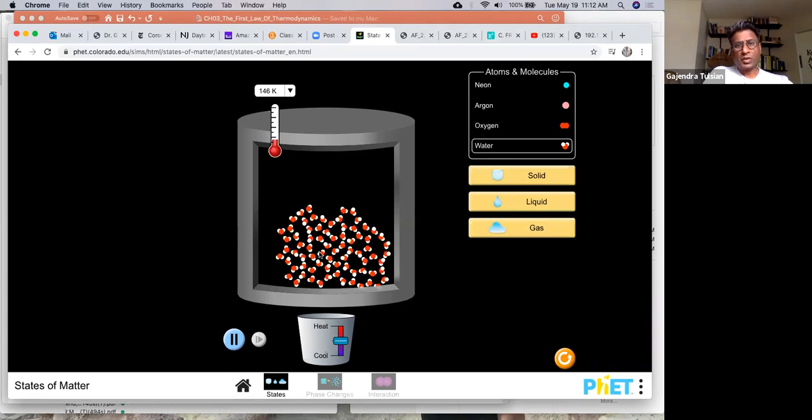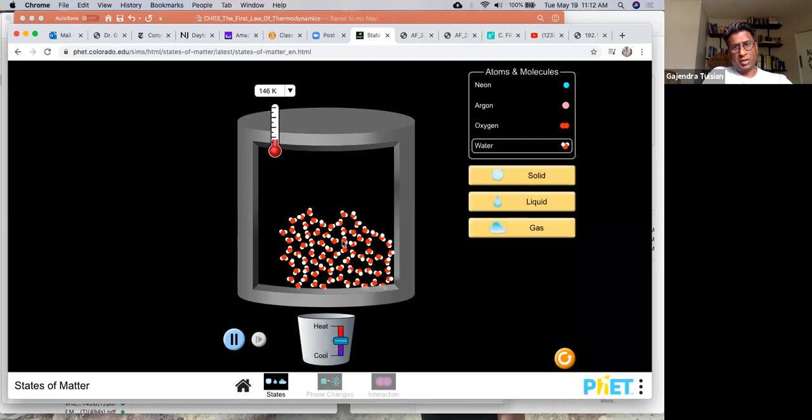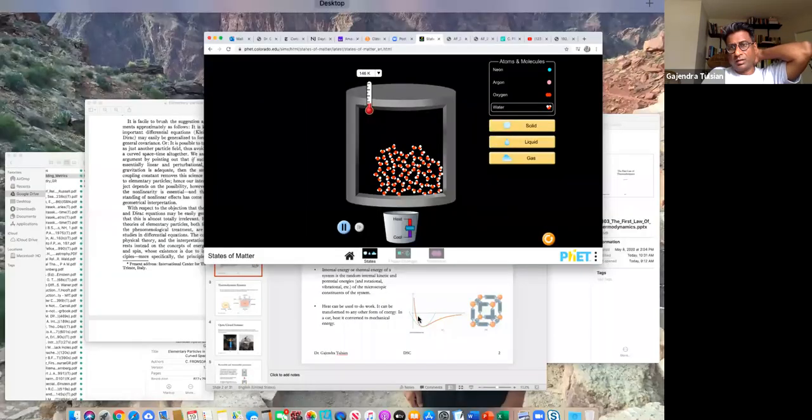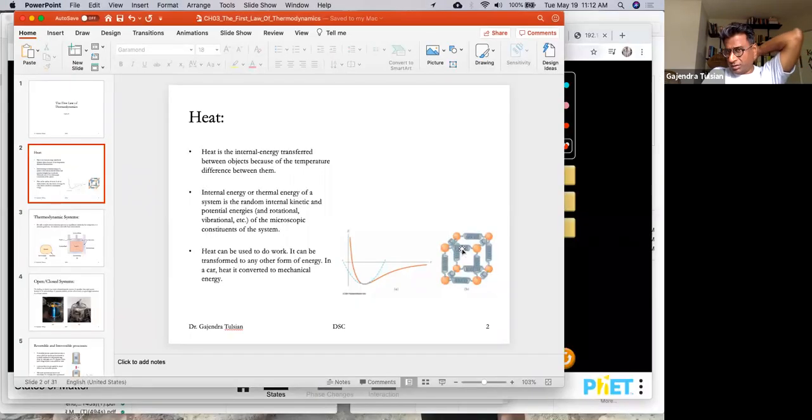Here is ice, and you can see that the water molecules are at a fixed location, but they're vibrating about that location. Each molecule has random kinetic energy and potential energy, because the spring is stretched as well. At higher temperature, the spring stretches longer.